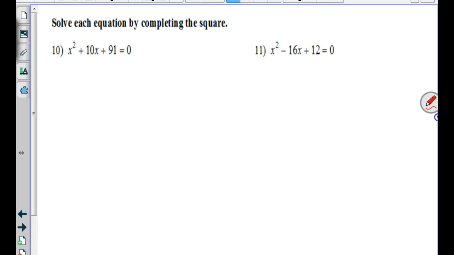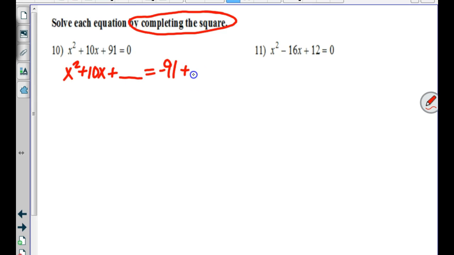We are supposed to complete the square. Watch the directions. Okay, these are both even. Which one do you want me to do? I don't think I need to do both. Let me do 10. So what do I do first? Do you remember? Yes, we're going to move the 91 over to the other side as a negative, with the x's isolated, and put a blank.